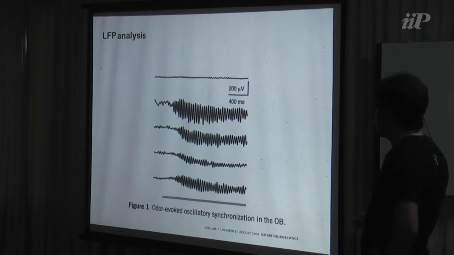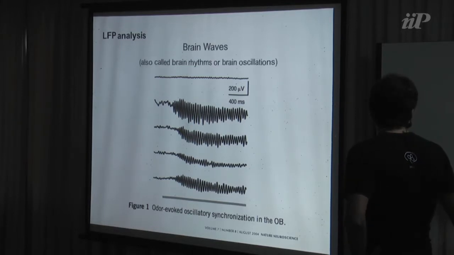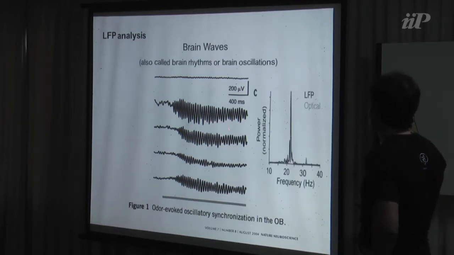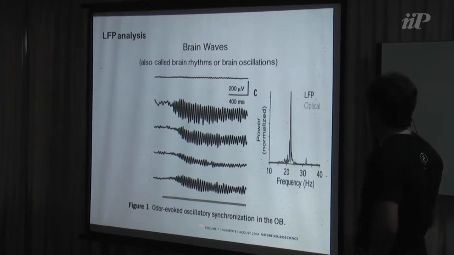Brain waves do exist. So here we have an example of a brain wave. There is an odor here, and in these recordings, they start becoming oscillatory. In this case, it's so beautiful you don't even need to do these Fourier things; it shows up here very nicely. But my point being, for those that haven't seen them, brain waves do exist. When people talk to you about studying brain waves, they're not crazy.